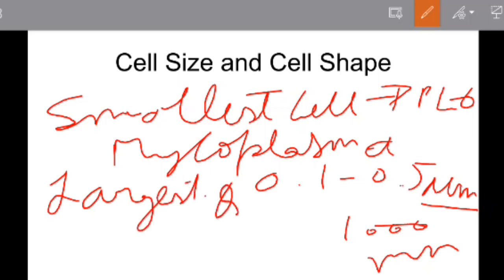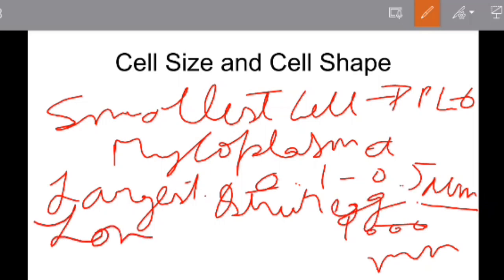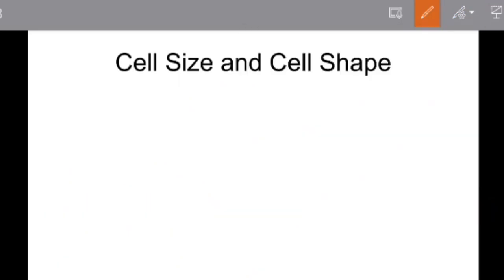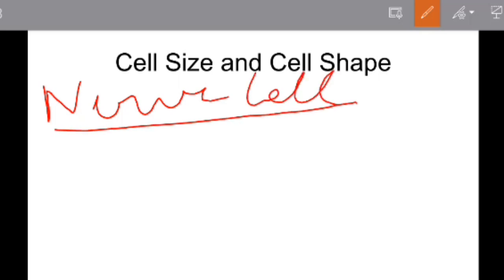is the ostrich egg. And the longest animal cell is the nerve cell. I think many of you do not understand, so I will erase it. The nerve cell is the longest animal cell.